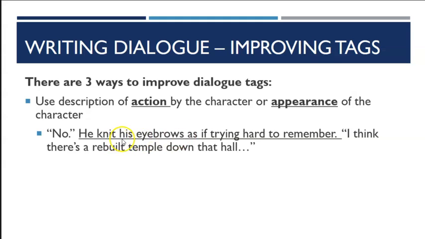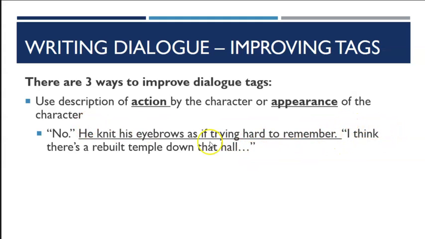This is not a synonym for said. This is a description of what the character's doing and how he looks, okay? But it tells us, right, how he's feeling. And so this is what a tag is supposed to do. It's supposed to move the story forward by giving us information about the character. "I think there's a rebuilt temple down that hall," and he trails off.